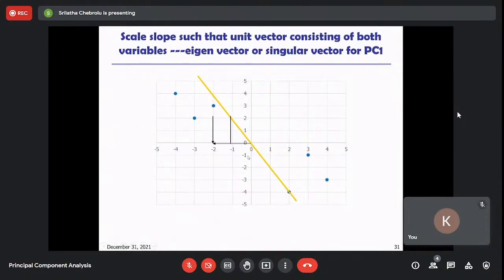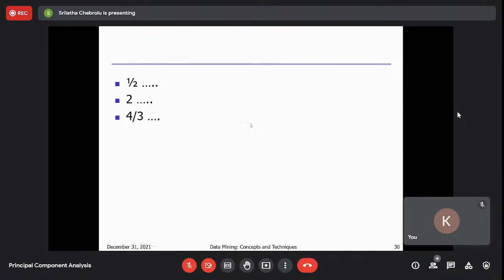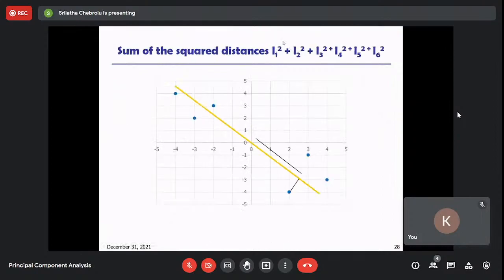Eigenvalue is the sum of the squares of the distances of each projected point from the origin. Let me show you that. It is the sum of the squares of these distances, from the projected point to the origin.